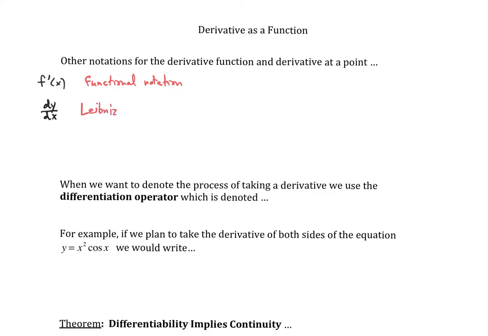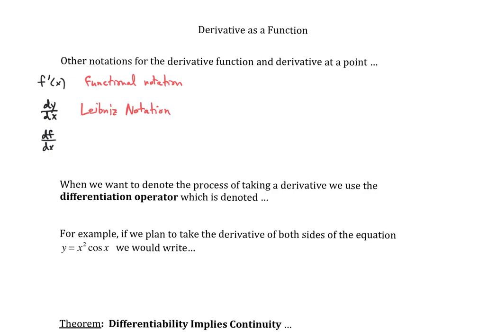It's named after a mathematician that discovered calculus at the same time that Isaac Newton did. Because y is really a description of f, we sometimes write df dx. When we say y is equal to f of x, that means that one thing you could do is replace this y with the function name f. So that's another way that we could describe our derivative function.